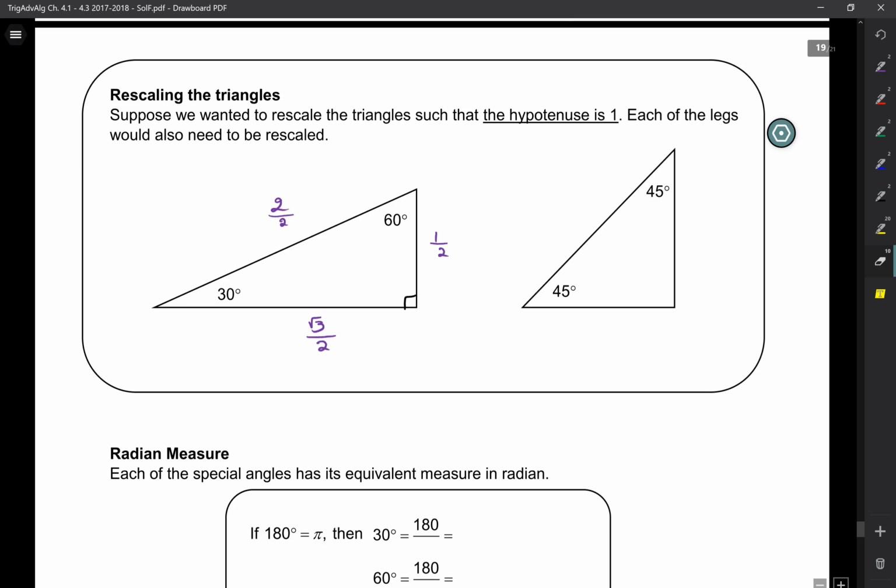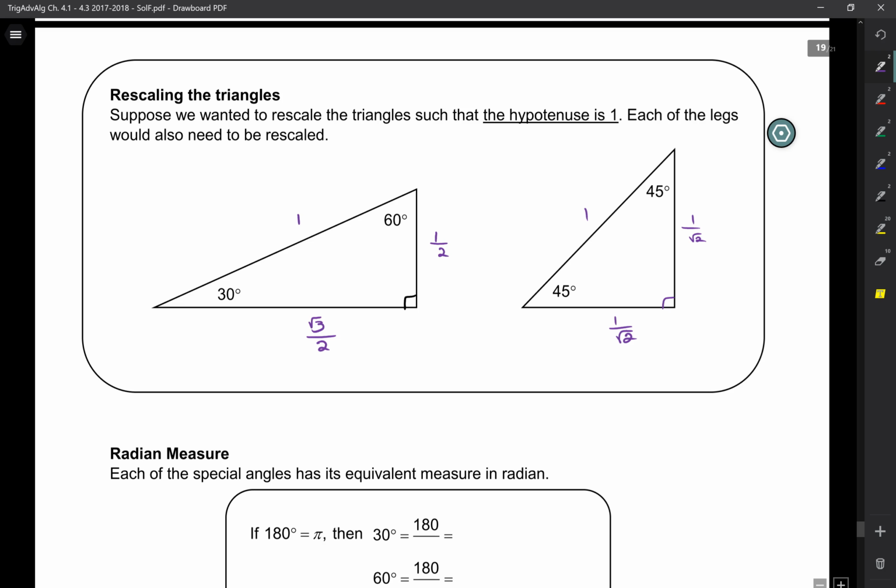So now what are my new lengths? 1, 1/2, and root 3 over 2. Let's do the same for the other one. It used to be 1, 1, and root 2. Now I'm going to divide everything by root 2. So I'm going to get 1 and 1 over root 2's everywhere.